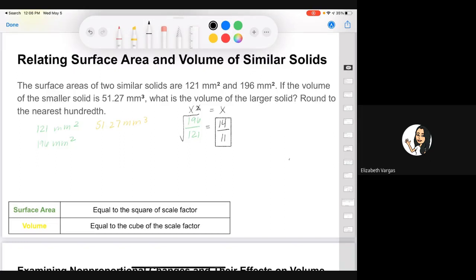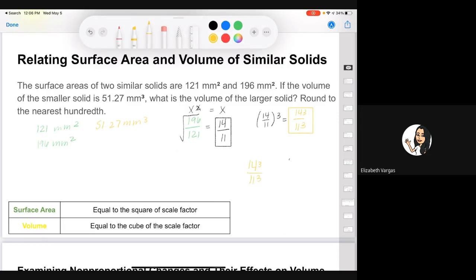Well, I know my volume is equal to the cube of my scale factor. And so my volume would be equal to 14 cubed over 11 cubed. That gives me how my volume changes in relation to my scale factor. Now, this is what I can use to identify the volume of my larger solid.